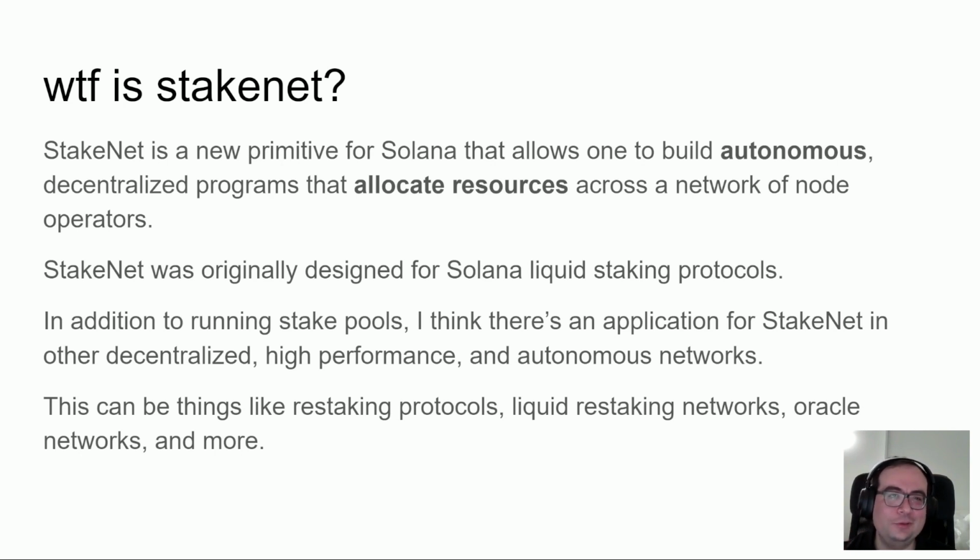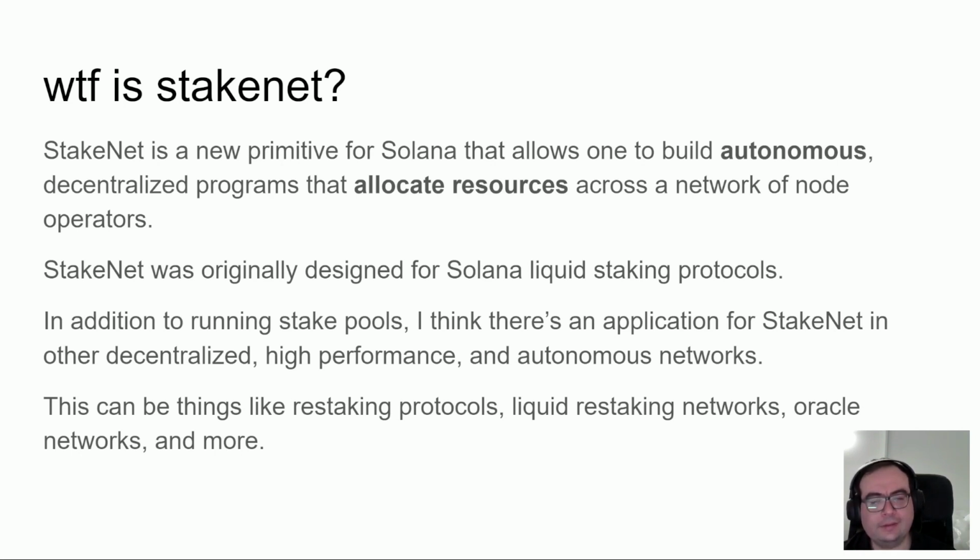Stakenet is the way to distribute resources autonomously in a protocol that relies on distribution of resources. So, you want to have this on-chain logic that is able to autonomously read some state or some condition in this decentralized network.